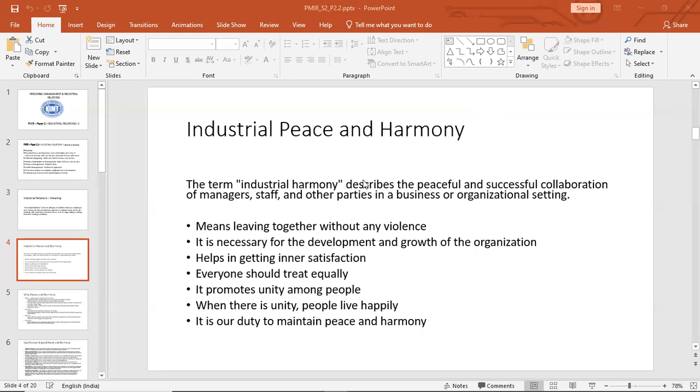Those things we discussed. If an industry has good peace and harmony, then within the staff, within the workers, what will be the impact?